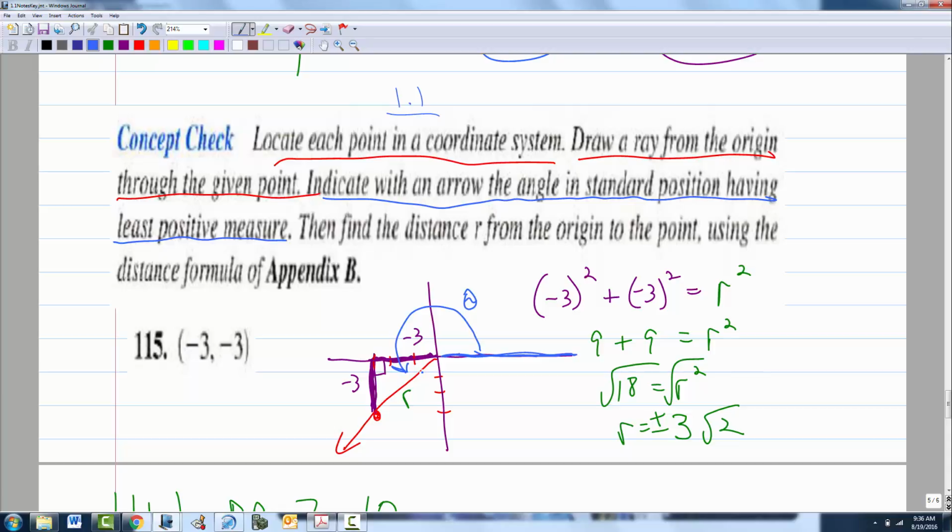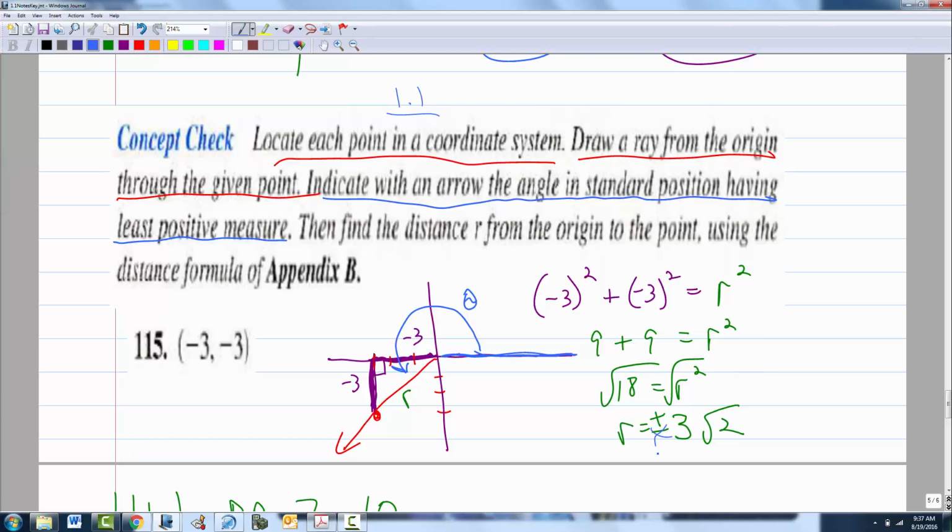Negative squared is, of course, a positive. So -3 squared is 9. Another -3 squared is 9. When you root 18, 18 is 9 times 2. What's the square root of 9, everybody? 3. That's how a 3 pops out for radicals. You're going to find out that R value is always going to be considered a positive later in life. So that's what you do.